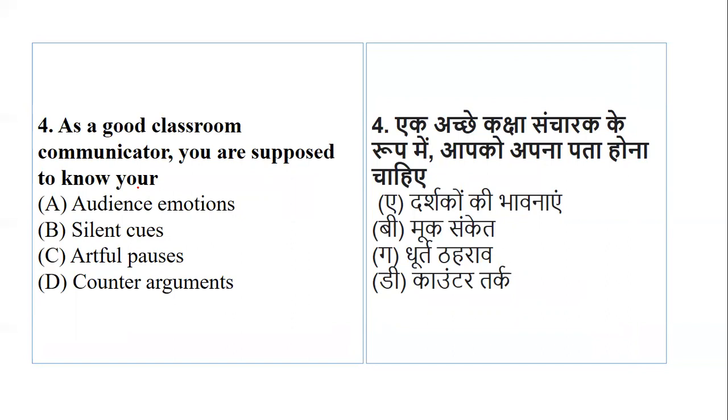You are taking a lead, taking the initiative to communicate. So what should be the quality of a good communicator? Whether you should know the emotions, or the cues, or the pauses, or the counter arguments. So what exactly is the speciality, the quality which a classroom communicator needs to have?